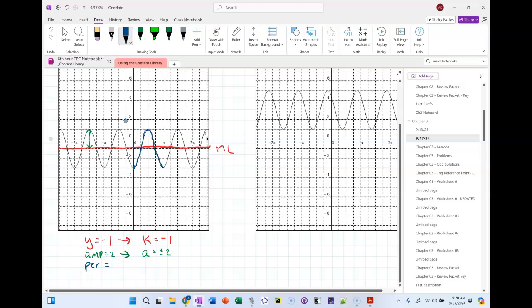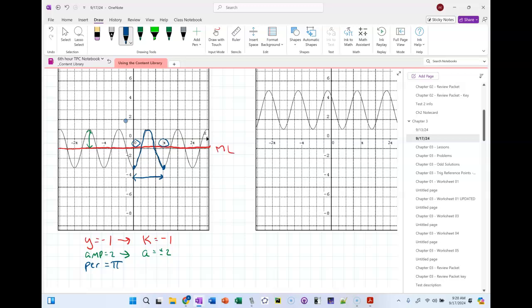And if I return back to that minimum position, that's one cycle of my function. If I look at that horizontal distance from start to finish of that cycle, started at 0, ended at pi. So the period is pi. Does everybody feel okay on how we did that? Again, mostly we're just using our eyeballs. We're not doing anything complicated.